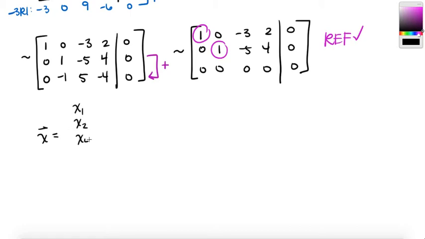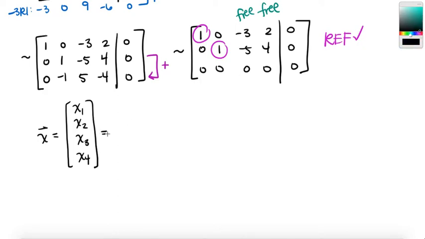4 columns in A means 4 columns in our vector here. And remember, anytime we have a variable without a pivot, that's a free variable. So we have 2 free variables here.